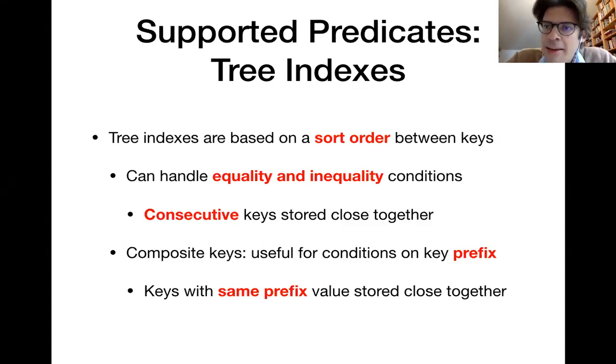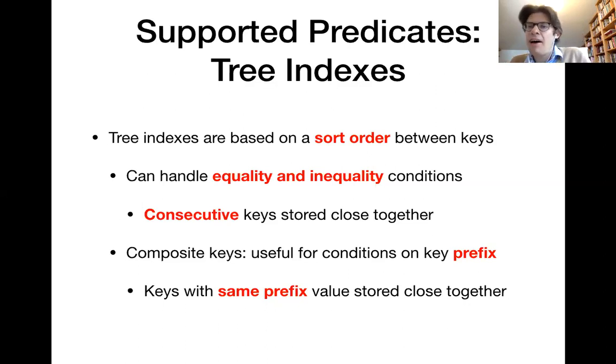It also means that entries with similar keys are stored close together. And because of that, I can exploit those tree indexes quite conveniently in order to treat inequality conditions. I just need to scan some range in the leaf nodes, and there I will find all those entries with similar keys stored together. Also, we have seen that we can use tree indexes with composite keys.